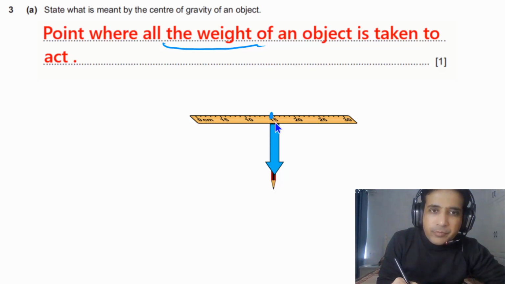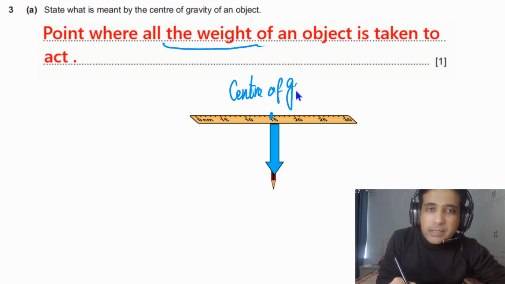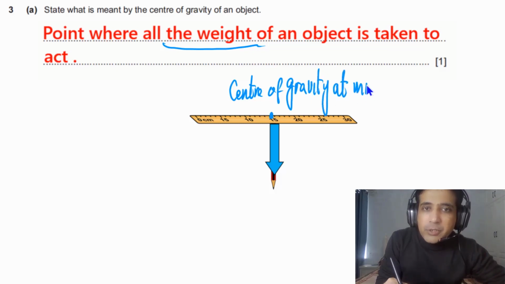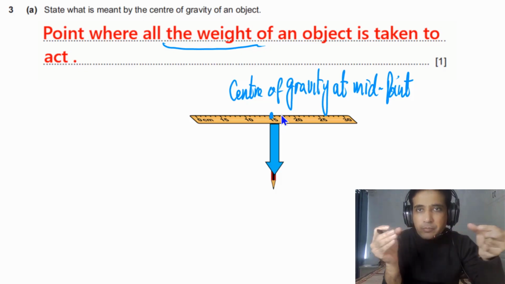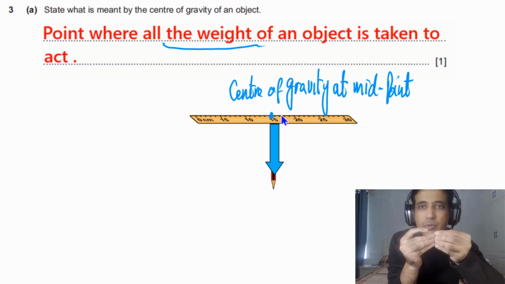It simply means that the center of gravity and the midpoint of the meter rule will be at the same point. So in this case, it is at the midpoint because it has a uniform density. Simply you can say this is a uniform meter rule.